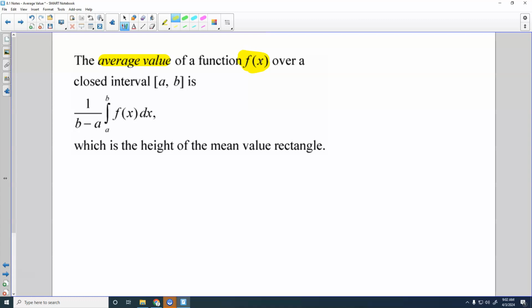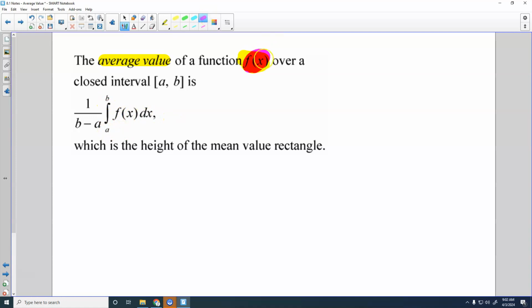It could be just what is the average value of f of x or f prime of x. Sometimes it'll actually say average value, or it'll say average of whatever they're wanting, right? If they're given this on a closed interval, then you want to do 1 over b minus a, where b minus a is just the length of your interval, times the integral from a to b of that function.